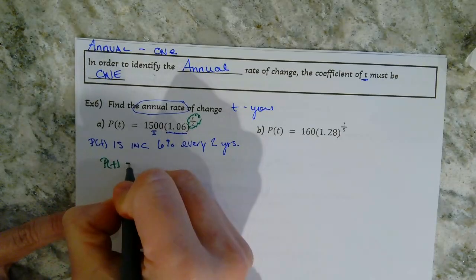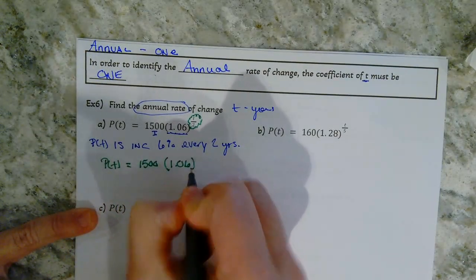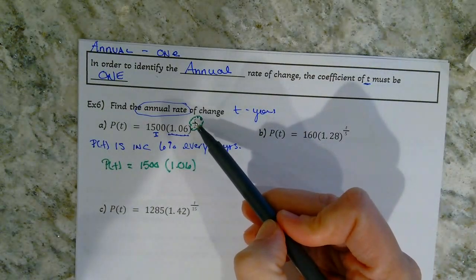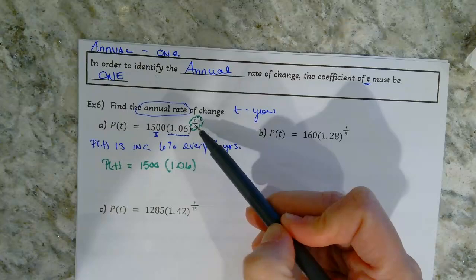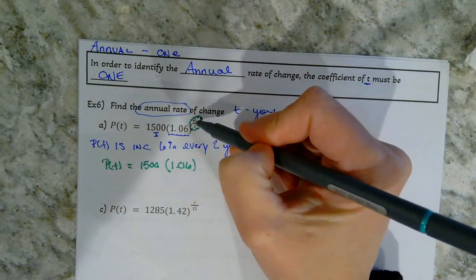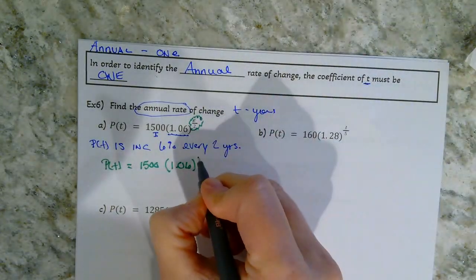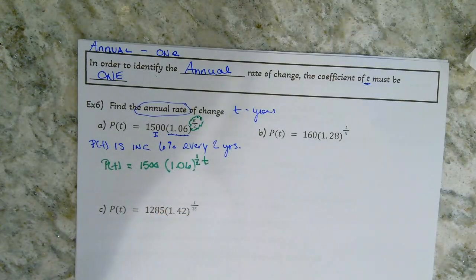So watch how we're going to rewrite this. We're going to say we have 1,500 times 1.06 raised to a power. Okay, now think about this. Dividing by 2 is the same as multiplying by what fraction? What number's in front of this T, of course, is a 1. So do you see how we have a 1/2 here? I'm going to rewrite this as 1/2 T.